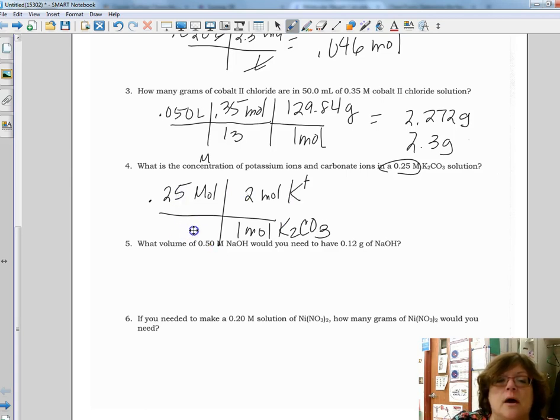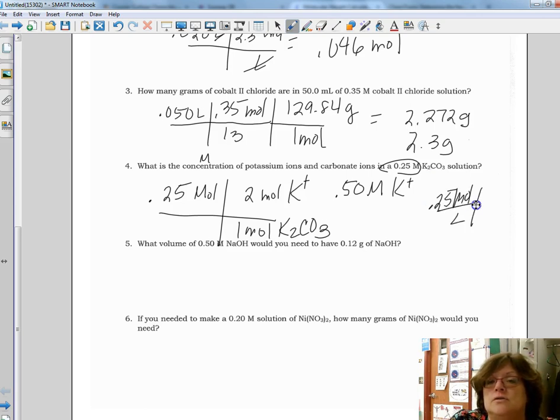So we're going to multiply our molarity times 2. And our concentration of potassium ions in potassium carbonate is 0.50 molarity. For the carbonate, there's just 1. So we multiply by 1 carbonate ion for every 1 mole of K2CO3, and we just get 0.25 molarity of carbonate.